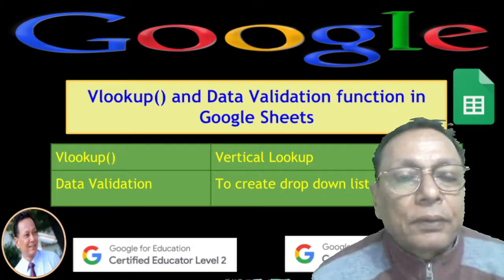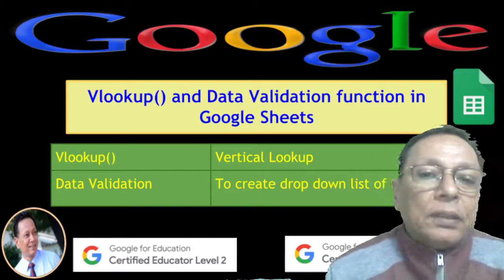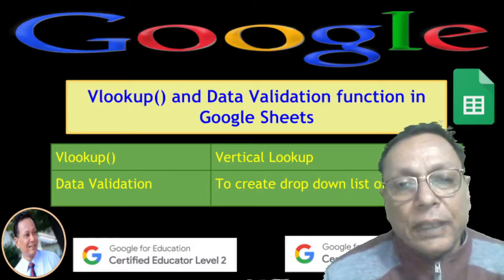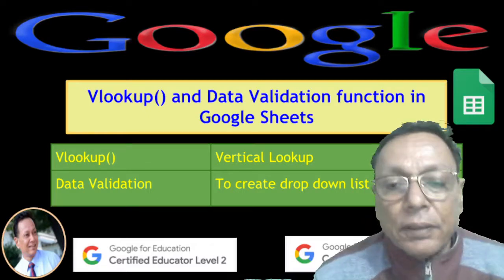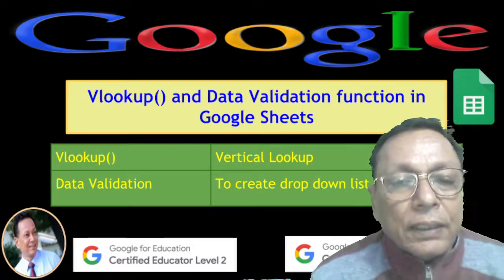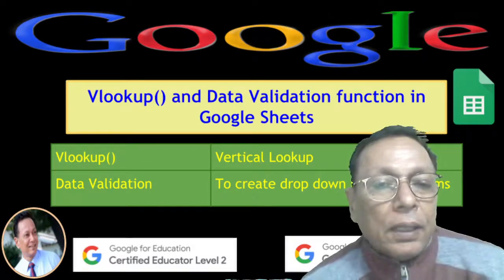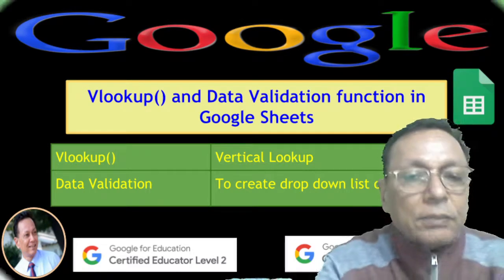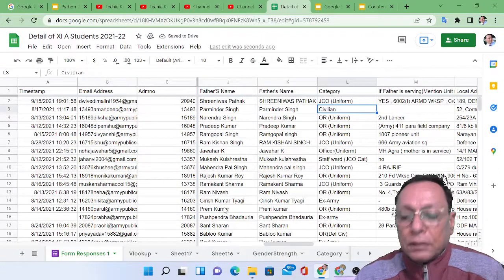So I decided to use a drop-down menu and VLOOKUP functions so that I can fetch the entire information related to a particular student. For that, I have this sheet.